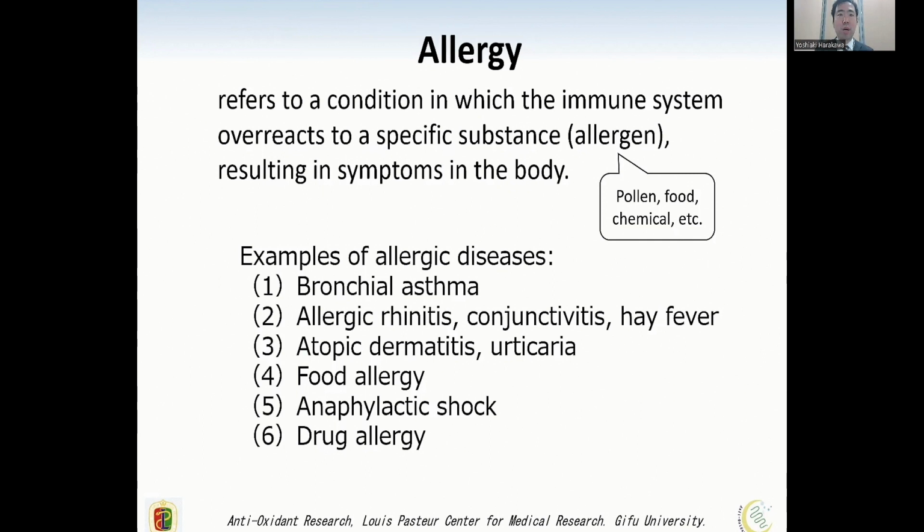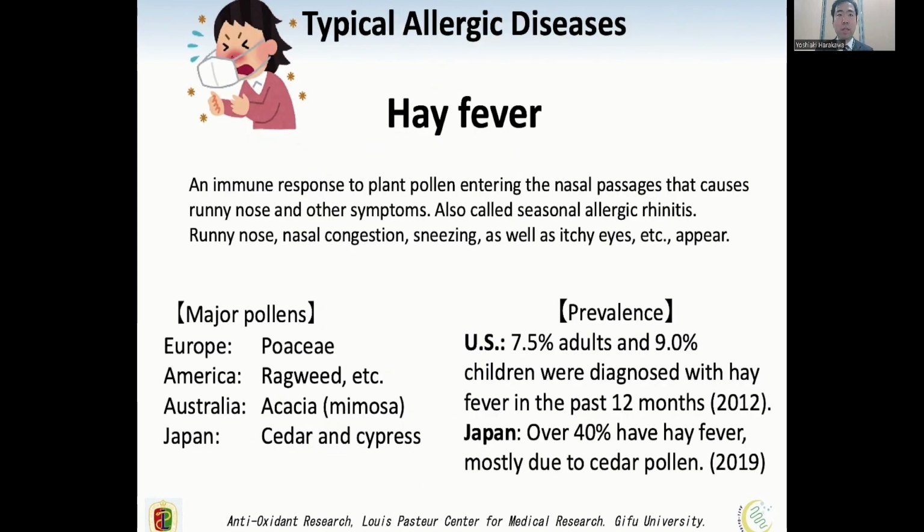Allergens include pollen, certain foods and chemicals, etc. Examples of allergic diseases include bronchial asthma, allergic rhinitis, atopic dermatitis, food and drug allergies, and anaphylactic shock, etc., all of which we have all heard of. Among these allergic diseases, hay fever, atopic dermatitis, and asthma are particularly familiar.